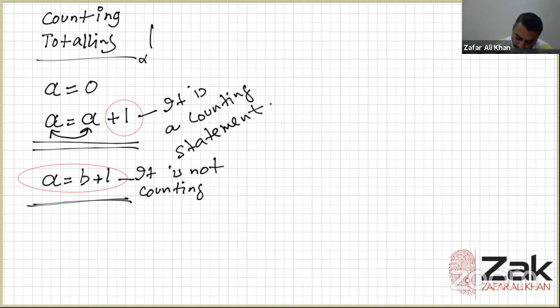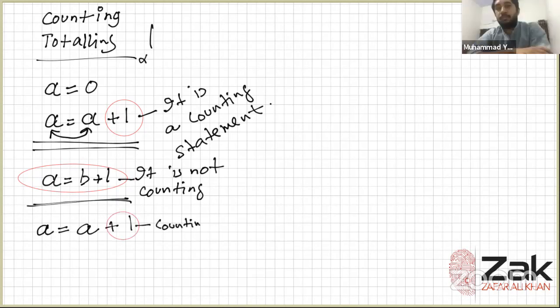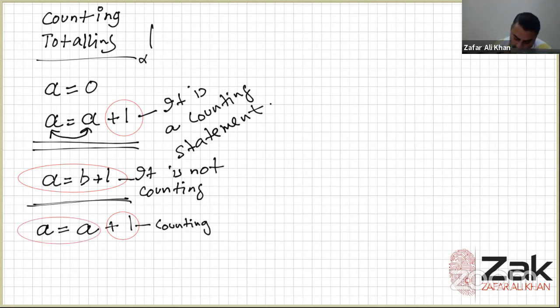Now, what does it mean? A is equal to A plus 1. As I said, this plus 1 tells that it is counting. Before we go any further, we need to understand what this equal to sign is.